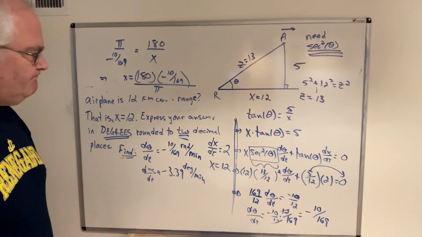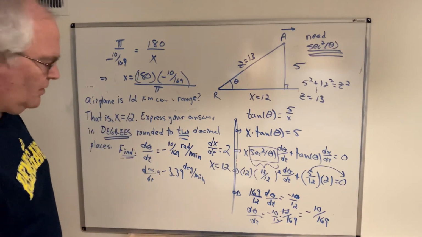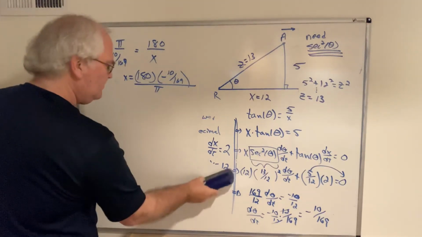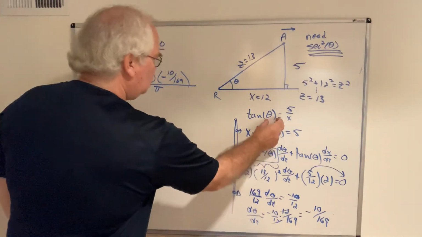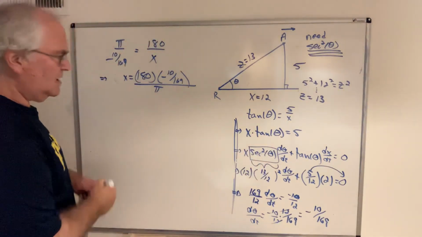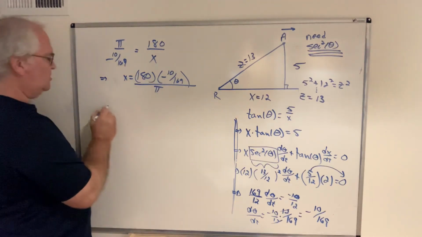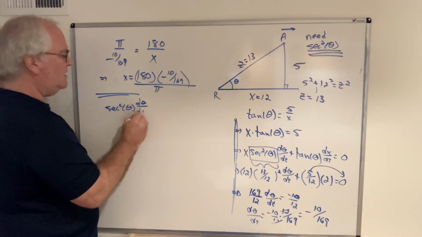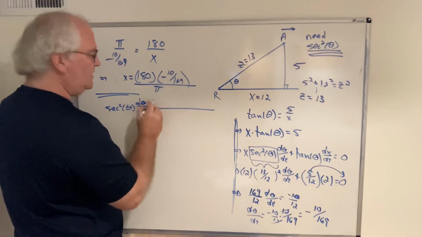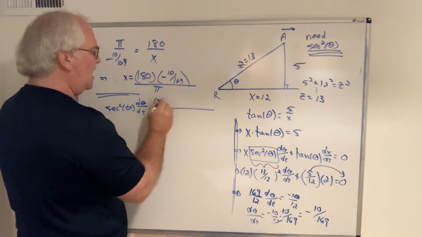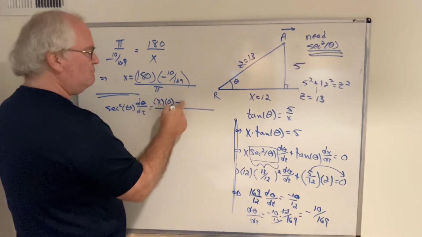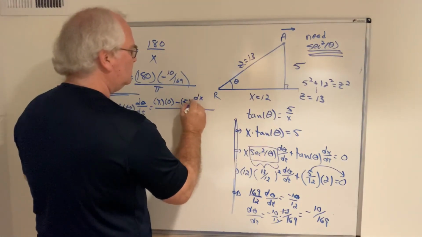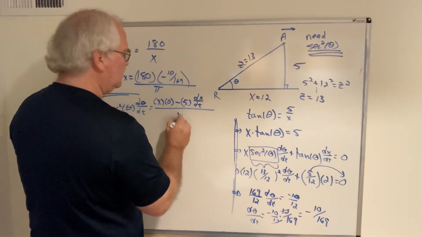All right? So that's the procedure, and it's very straightforward. By the way, if I had not changed this into product rule, this is how it would have looked. The derivative of tangent is secant squared of theta, dθ/dt, is equal to the denominator times the derivative of the numerator, that falls out, minus the numerator times the derivative of the denominator, all over the denominator squared.